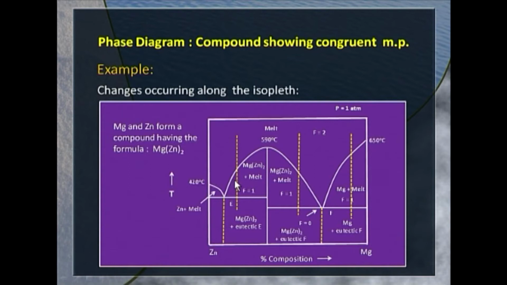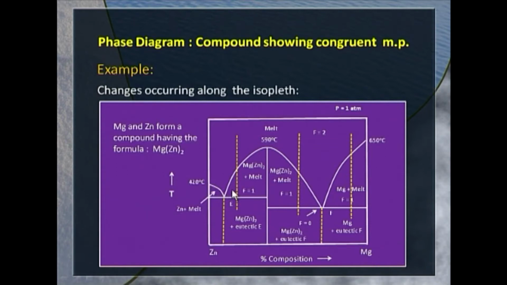The system will not resist because you are still left with 1 degree of freedom. As the temperature falls, more and more of the compound is formed, and as the compound is formed, the composition of the melt starts drifting in this direction and finally reaches the eutectic point, at which the system becomes invariant because the curve corresponding to zinc intersects at the eutectic point.